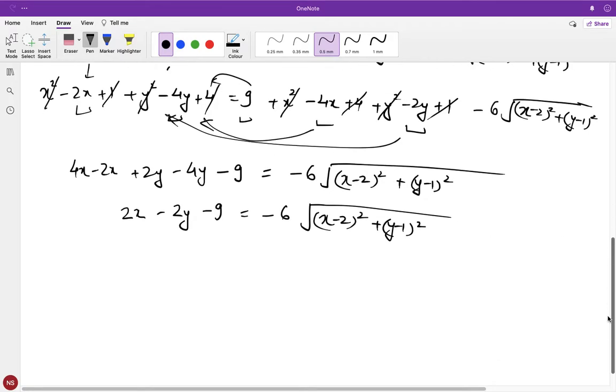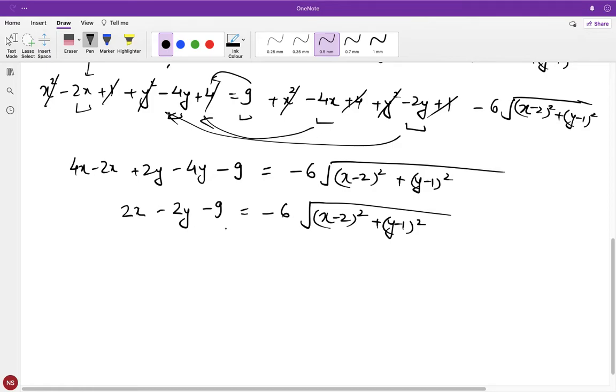Square again. So what do you get? (a plus b plus c) whole square is a square plus b square plus c square plus 2ab plus 2bc plus 2ca. So b is minus 2y and c is minus 9. So accordingly, signs will change. So 4x square plus 4y square plus 81, 9 square is 81, plus 2ab. This has a minus sign in it.